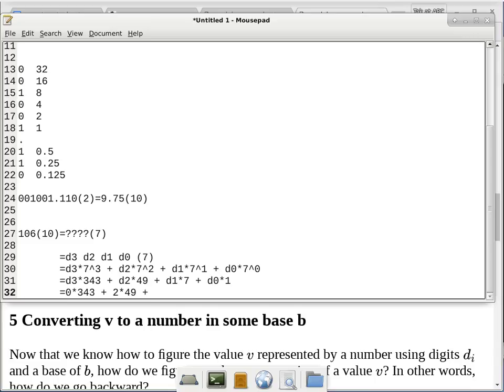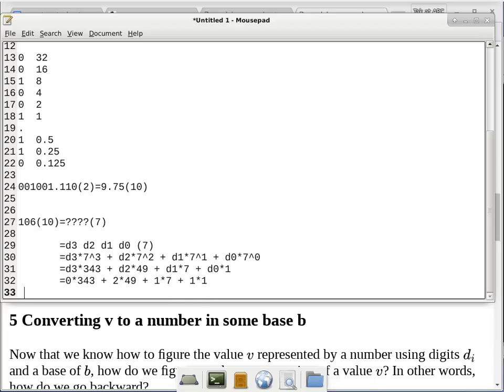So we have 8 left. We now try to figure out how many 7s we have in 8. 8 divided by 7 has a quotient of 1. So that means D1 is going to be 1. Okay. So we have 1, 7. And then D0 is whatever is left, which is also a 1.